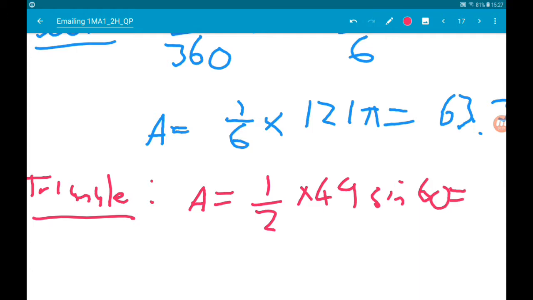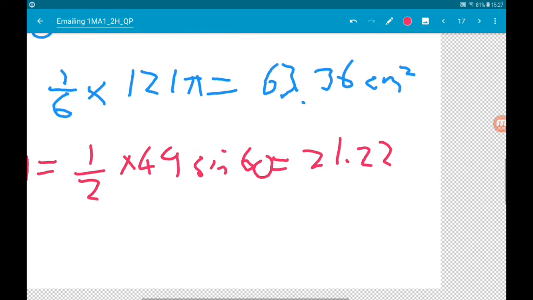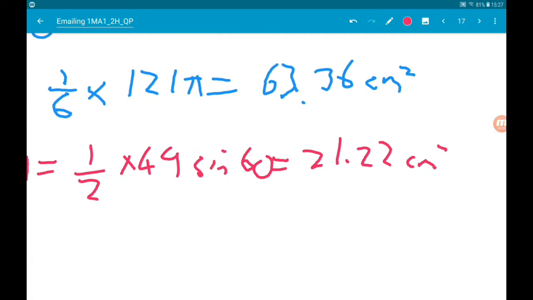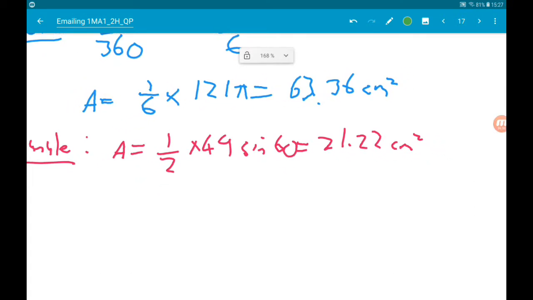Now that will give us 21.22. Okay, so now we can work out the area of the shaded region, which is the whole sector minus the triangle.